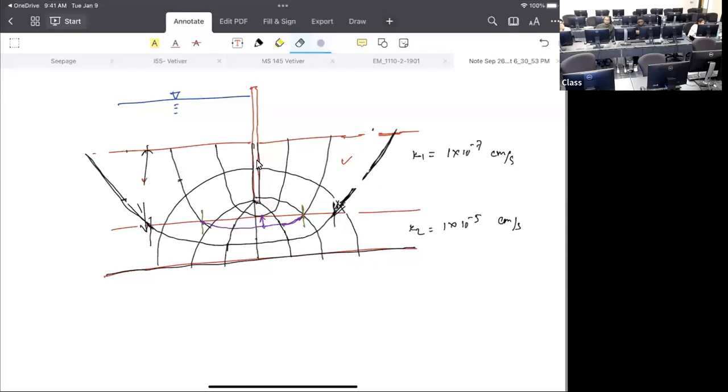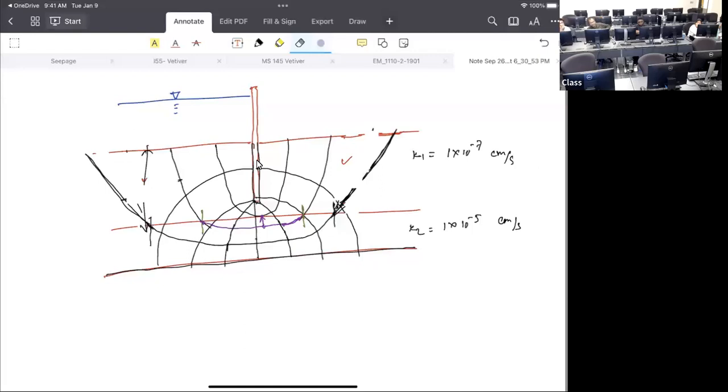Usually you only adjust your flow lines, not equipotential lines, because the flow lines need to travel longer, right? Or you should have higher resistance, there is no way in the flow net we can allow that.